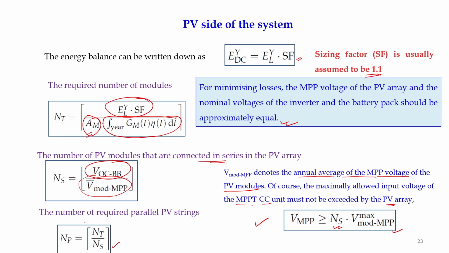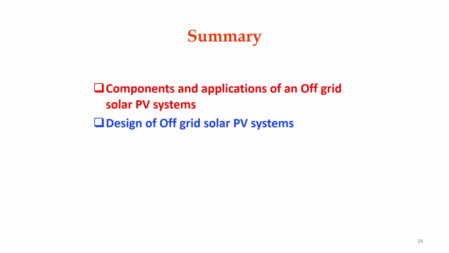This way we can find out the number of modules to be connected in series and the number of modules to be connected in parallel. So, these all are design components, right.